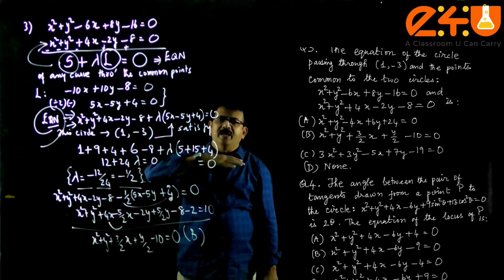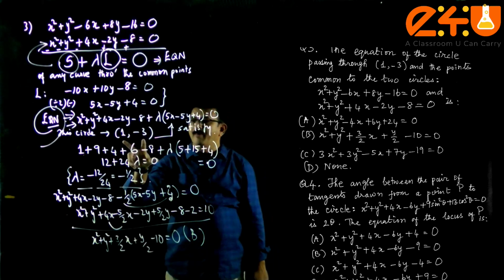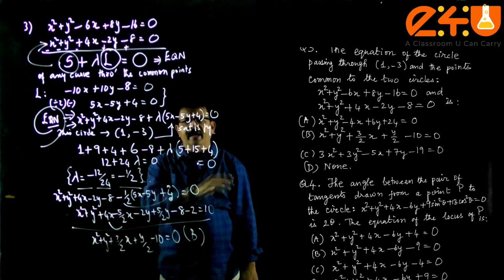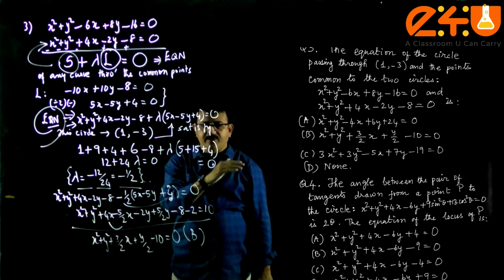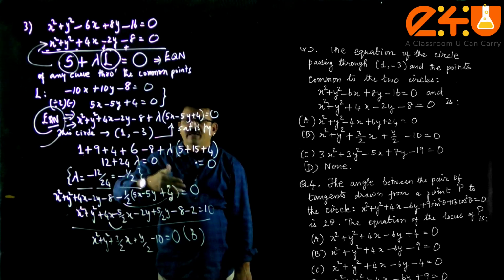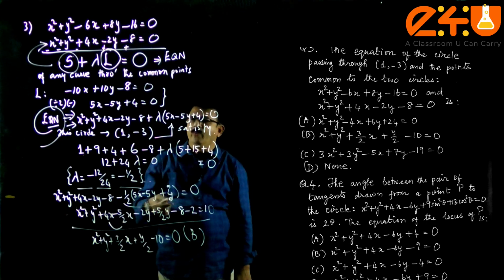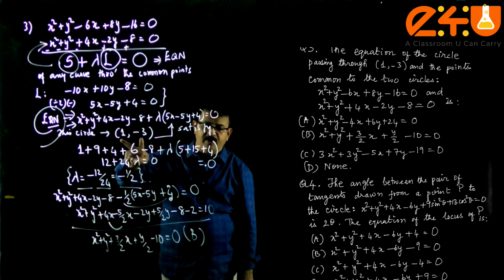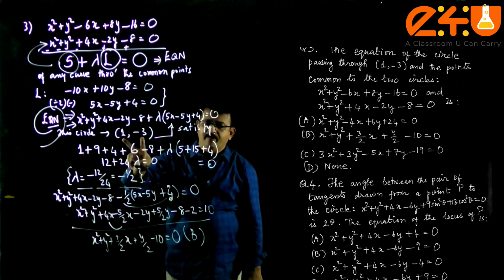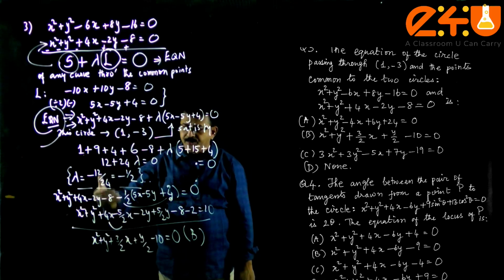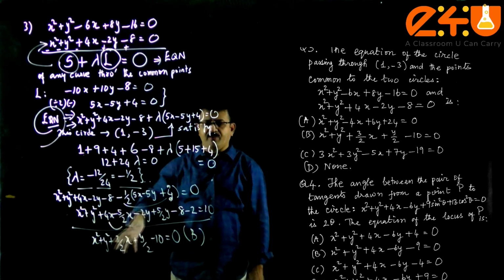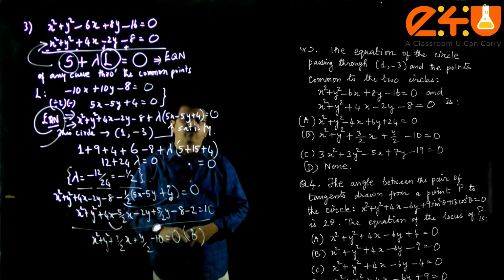So I am leaving it free to the students. 1 comma minus 3 you can substitute in options A, B, C, D, and you are expected to detect the correct option directly, but you will be successful only if only one option satisfies 1 comma minus 3. So if two options satisfy 1 comma minus 3, you have to go through the entire procedure of solving the problem. Fine.